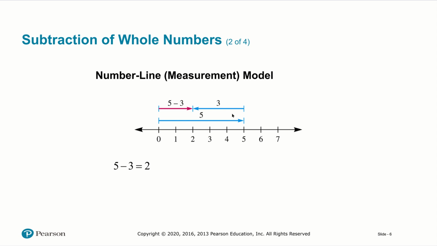So instead of adding another arrow of length 3 at the tip and going in the same positive direction, this time we put the arrow and point it toward the opposite direction. So this way we take away and where we end up is going to be the result of our subtraction. Again, another visual method which is popular with young students.